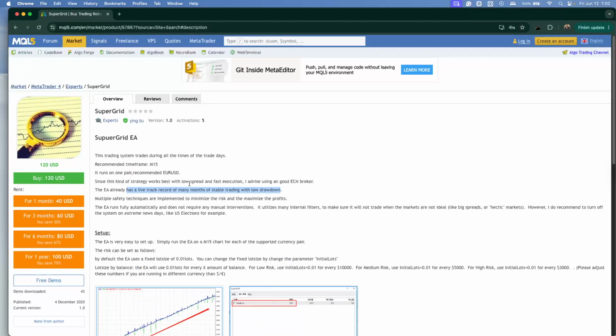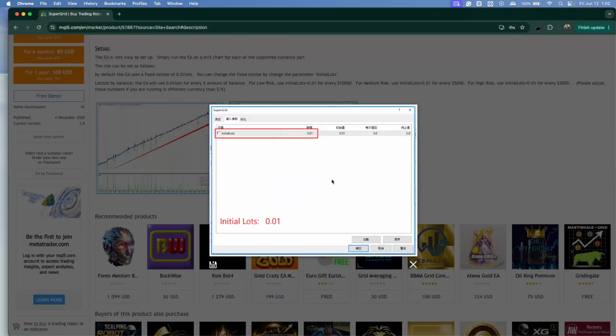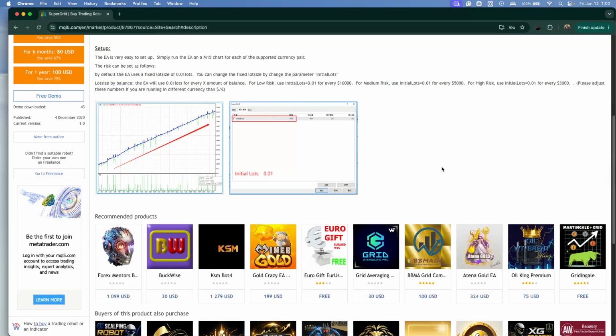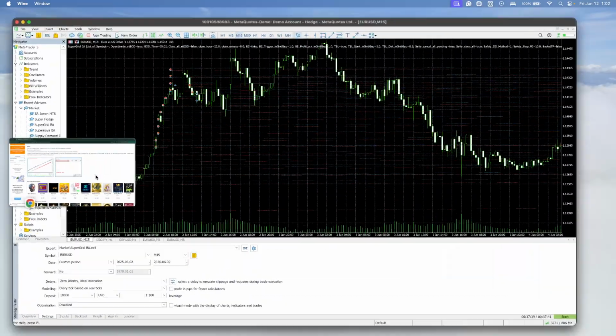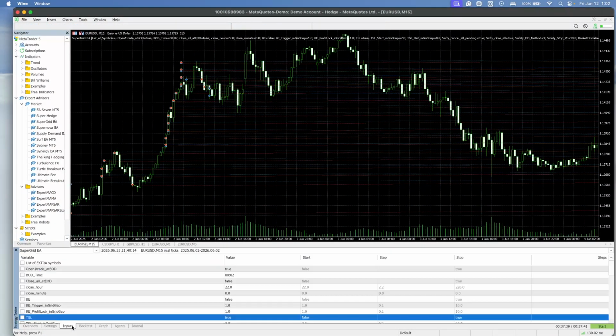They don't have any live signal which we can check, and also there are no backtest pictures or pictures of how it looks, and this is something to watch out for. But aside from that, let's talk about the key features and the settings of the expert advisor.